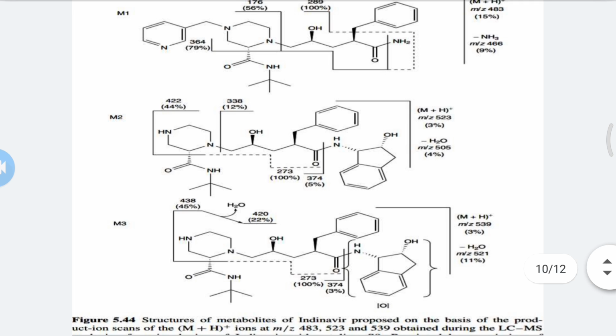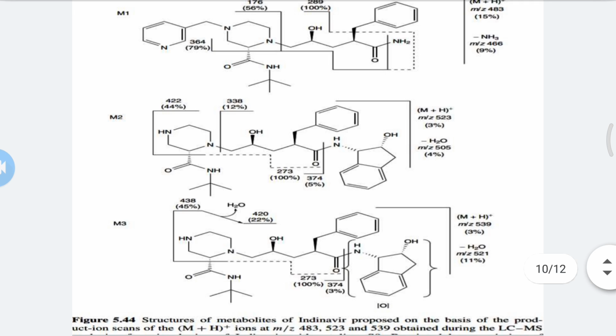This is the MS data from metabolites and shows a series of ions, that is 422, 388 in M2, showing M2 fragmentation.